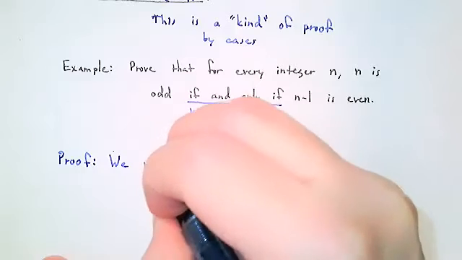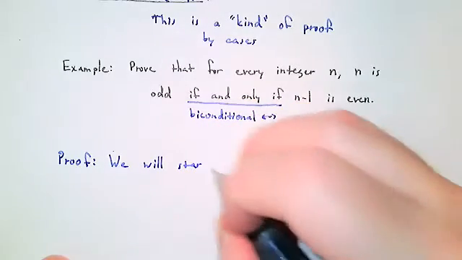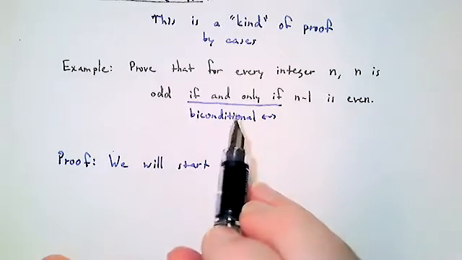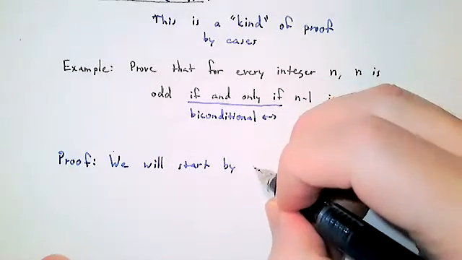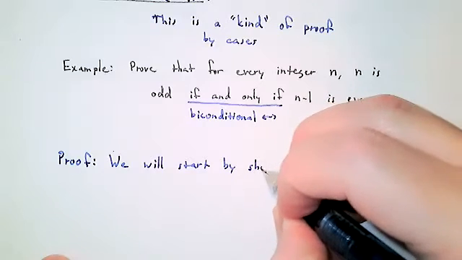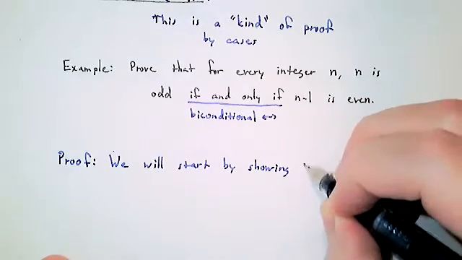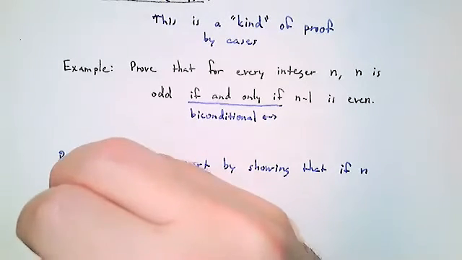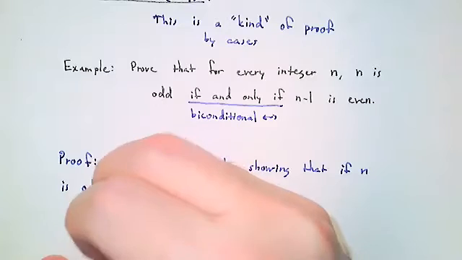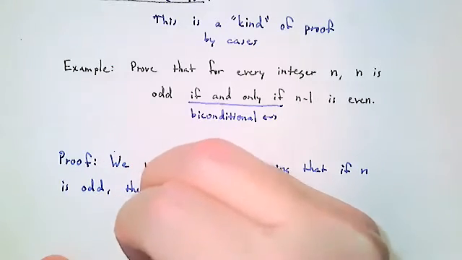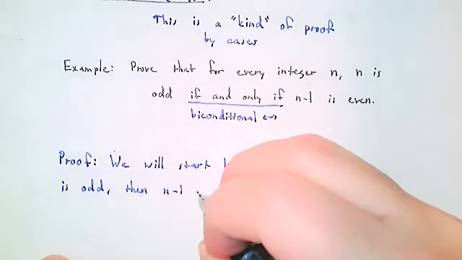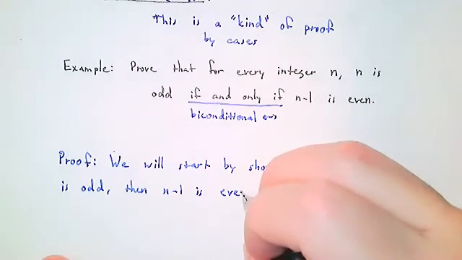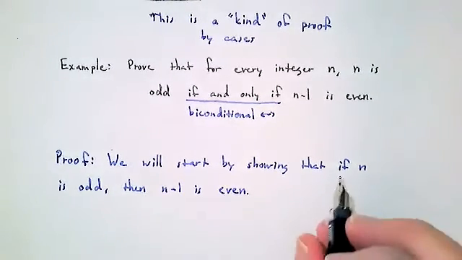So we will start by showing that if n is odd, then n minus 1 is even. In this first part of our proof, we need to assume that n is odd.